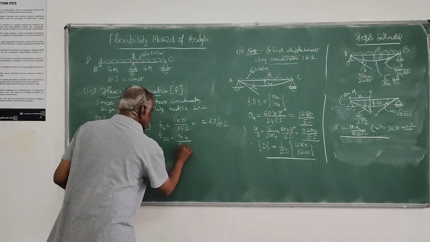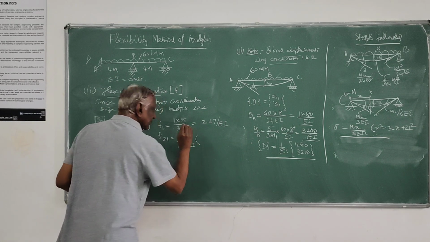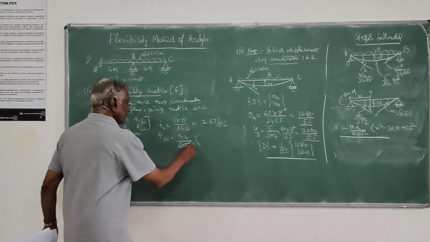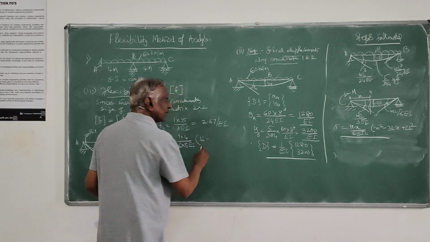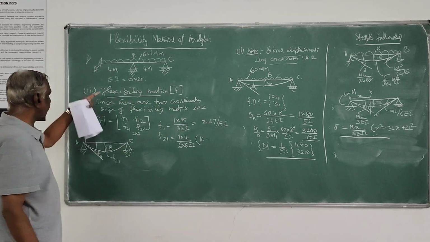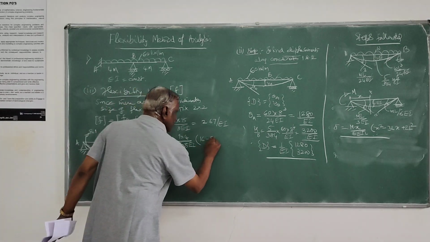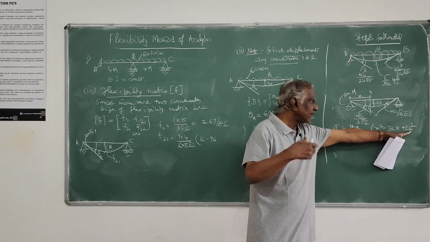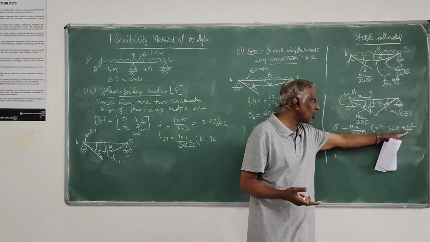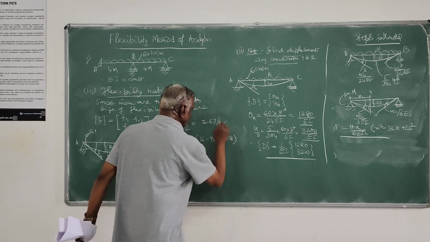L is 8 meters, EI is EI itself, into x square, that is 4 square, 16, minus 3Lx, that is 3 into 4, 12, 12 into L, 8, 96. Then 2L square, L square is 64, into 2, that is 128.